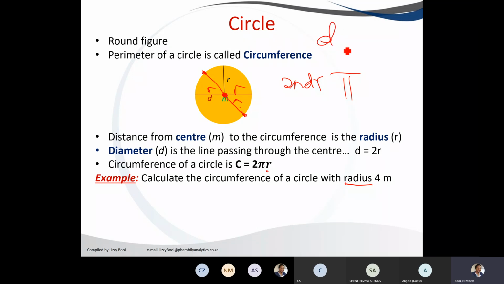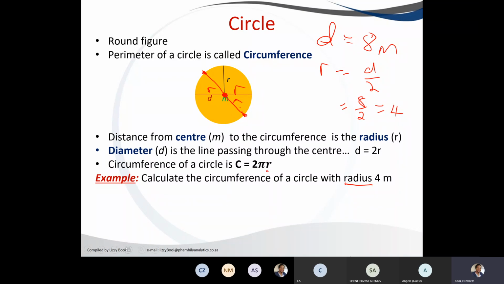If they would have given us a diameter of 8 meters, we would have used the diameter to calculate the radius, and we would have said our radius is equal to the diameter divided by 2, which then will give us 8 divided by 2, which will be equal to 4. So they already gave us 4, so we don't have to worry about the diameter because the diameter is made up of 2 radiuses.